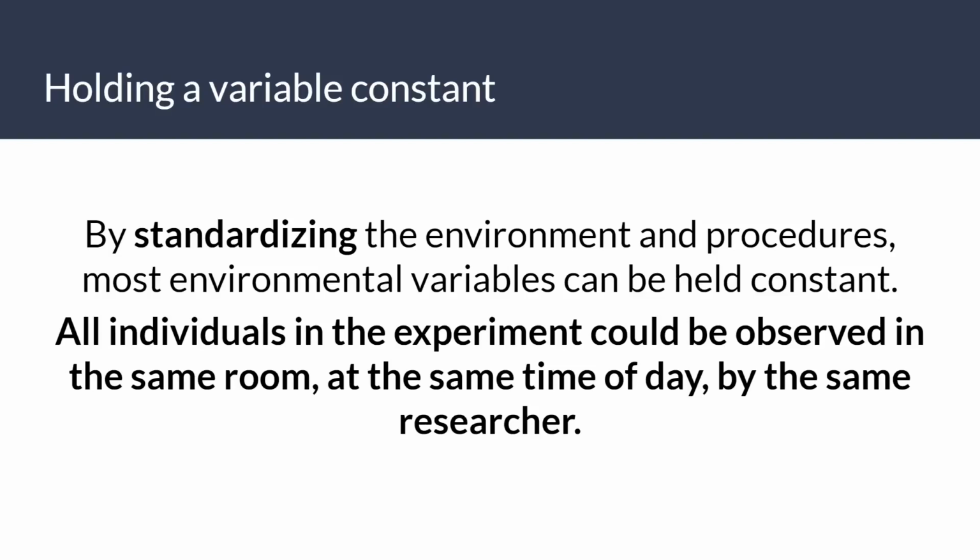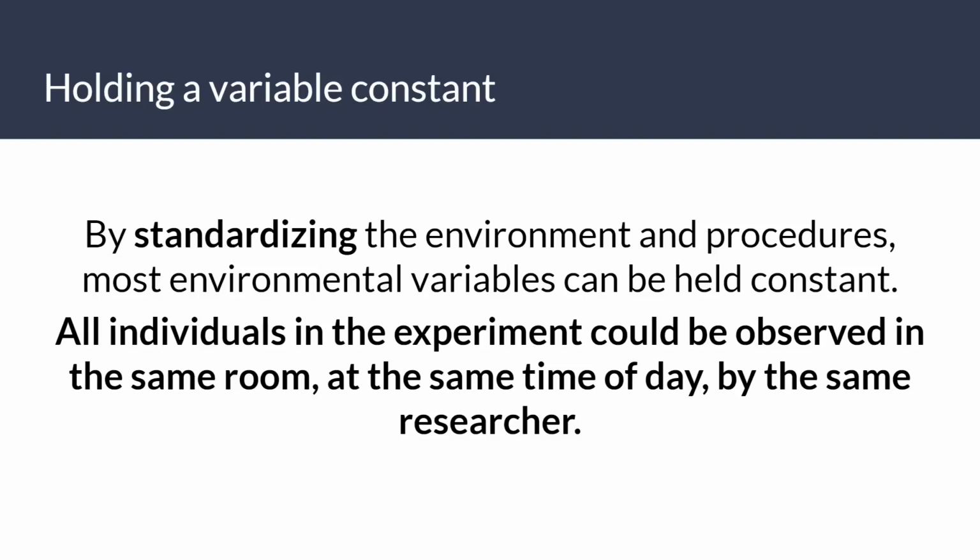So what does it mean to hold a variable constant? By standardizing the environment and procedures, most environmental variables can be held constant. Basically, the opposite of a variable is a constant or something that shouldn't change. And we know that in real life, there are a lot of extraneous variables because we all have our own environment, we have our own values, we are in different situations.